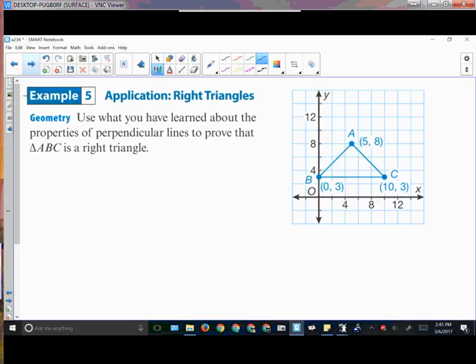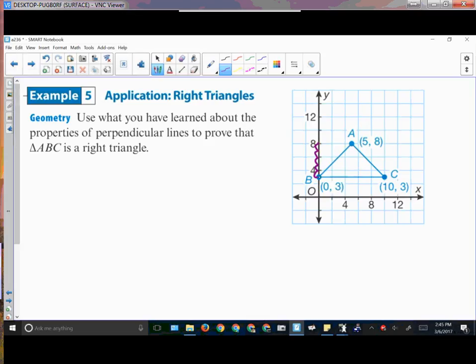Okay, right triangles. Is that a right triangle? Doesn't look like one, but that's not what I'm going to use to figure it out. What I am going to do is take a look at it like this. I have to go up, let's see, that's at 3. So that means I've got 4, 5, 6, 7, 8.